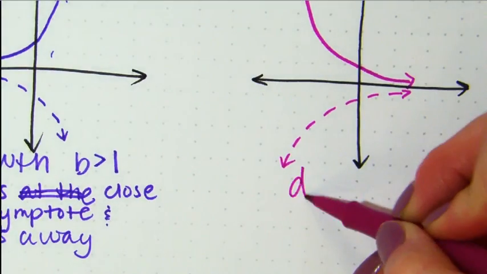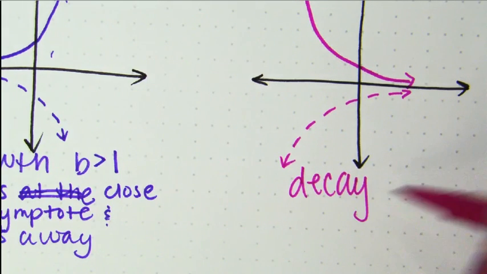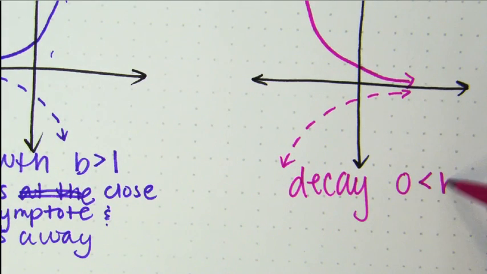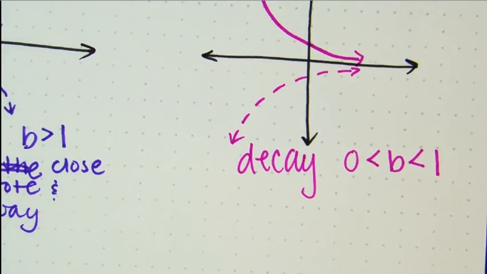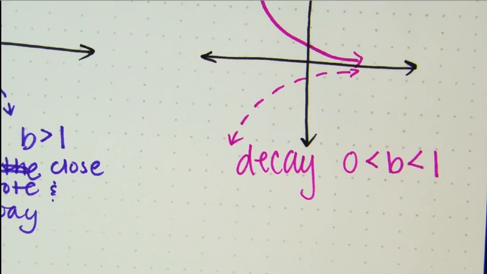And so we're going to label this decay. And this is when b was between 0 and 1. With growth and decay, the b's, we don't have any zero or anything less than 0. We don't have any negatives. You'll see why in a second.